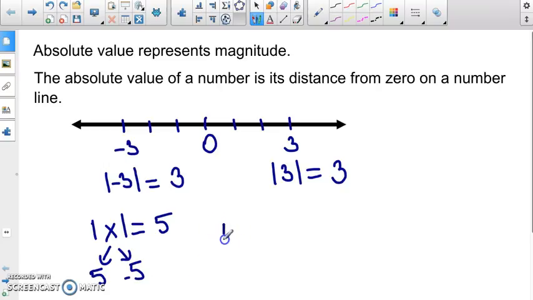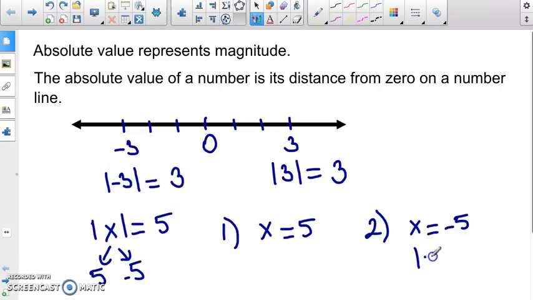In the first case, we're going to write the expression inside the absolute value bars and just say x is equal to 5. Or x, the expression inside the absolute value bars, can be negative 5, because the absolute value of negative 5 is equal to 5, since negative 5 is 5 units away from 0.